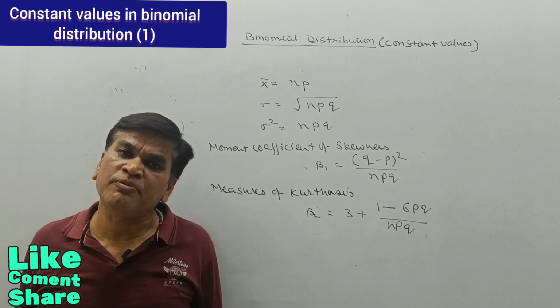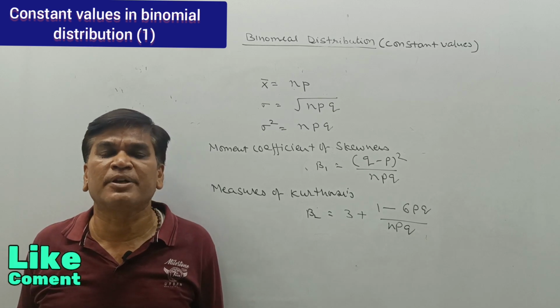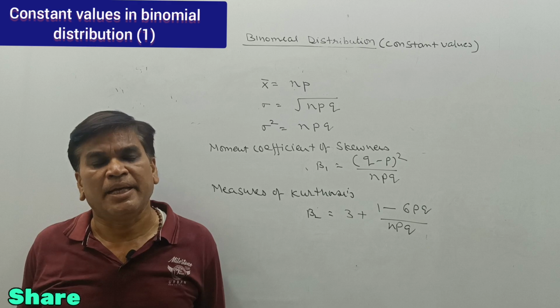Sometimes they want the kurtosis, that is 3 plus (1 minus 6pq) divided by npq.